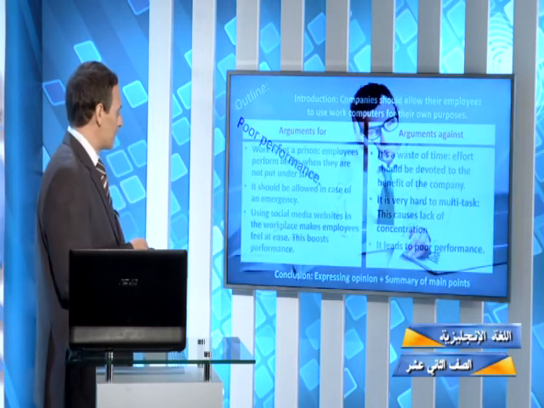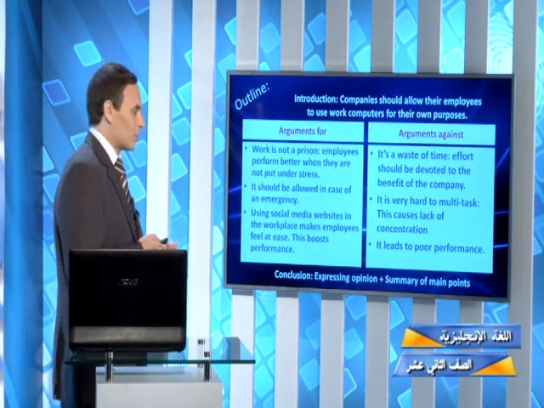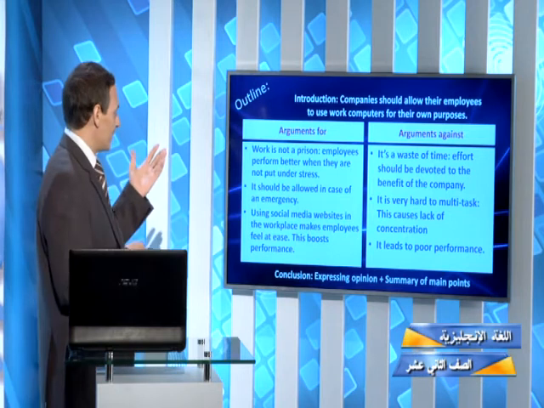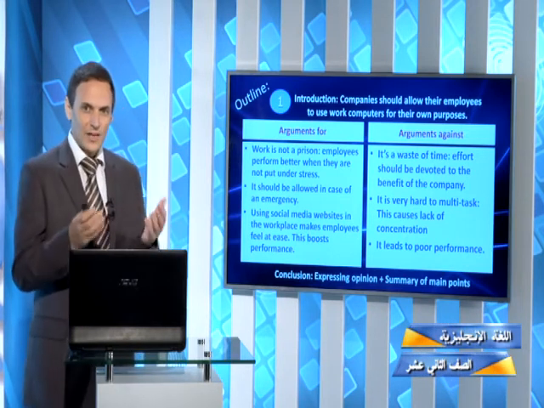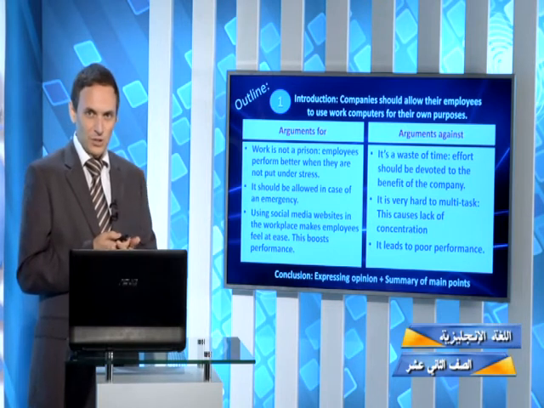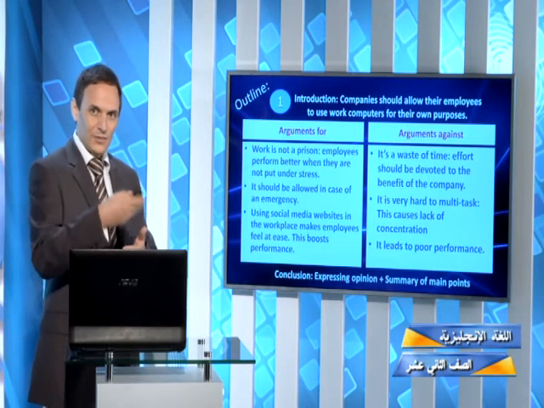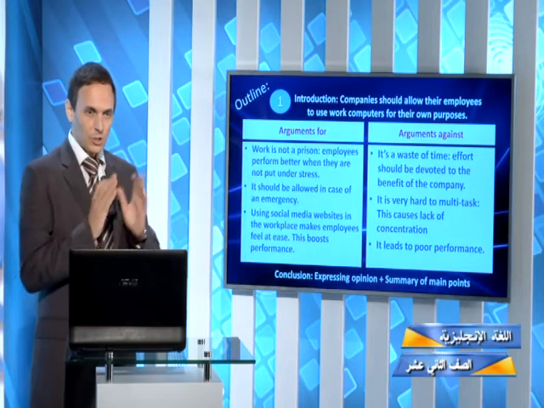Now, here is the outline. We have an introduction. In the introduction, we are going to provide some background information, and also we will lead the reader to our position concerning the issue. In this topic, your position is going to be: companies should allow their employees to use work computers for their own purposes.